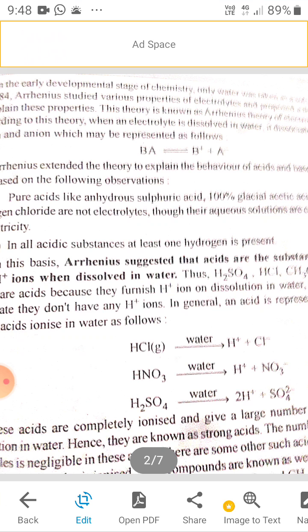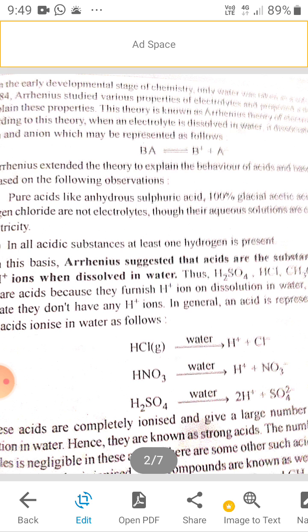Arrhenius suggested that acids are the substances which give hydrogen ion when dissolved in water, for example HCl, HNO3, H2SO4, and the bases are those which accept hydrogen ion in water.